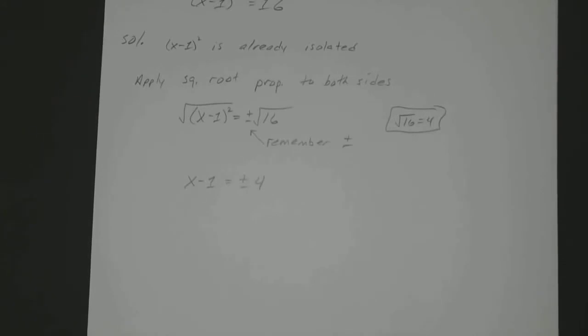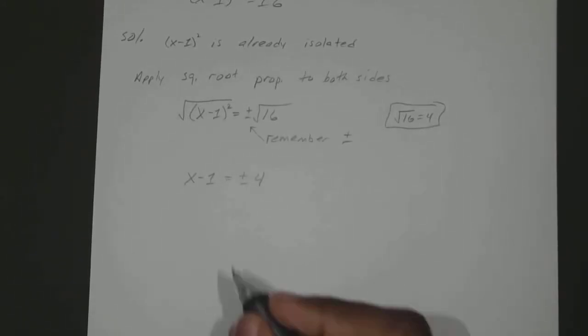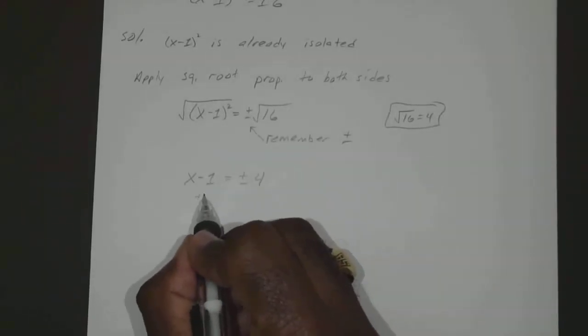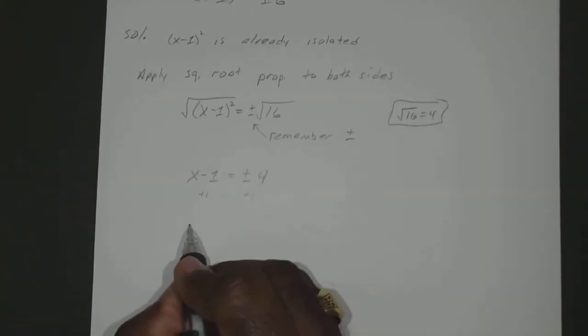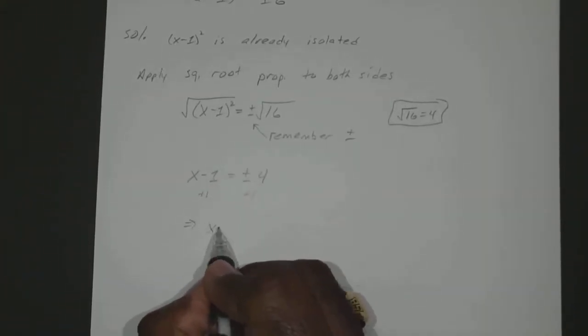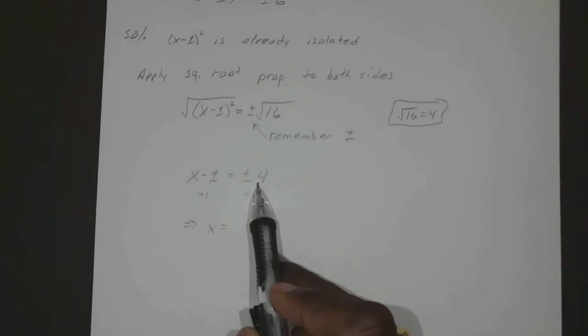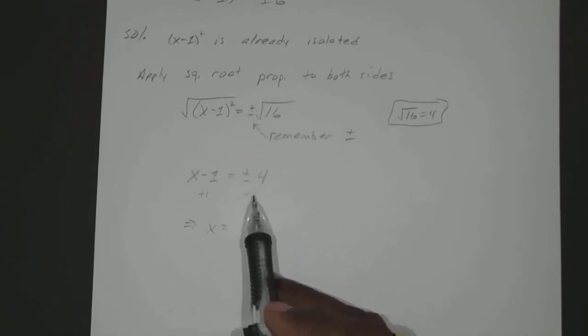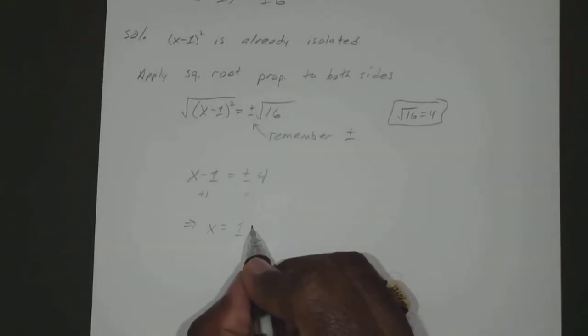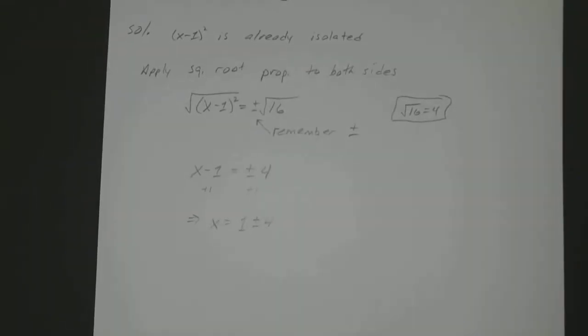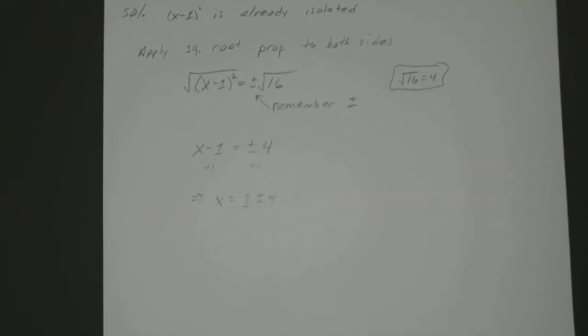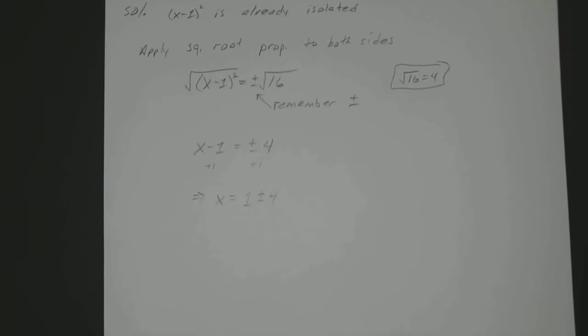Okay. So now to solve for our x, we just have to add 1 to both sides. So x equals, now you don't add the 1 to this just yet. Right now, it's just 1 plus or minus 4. So that plus or minus means we just separate it.